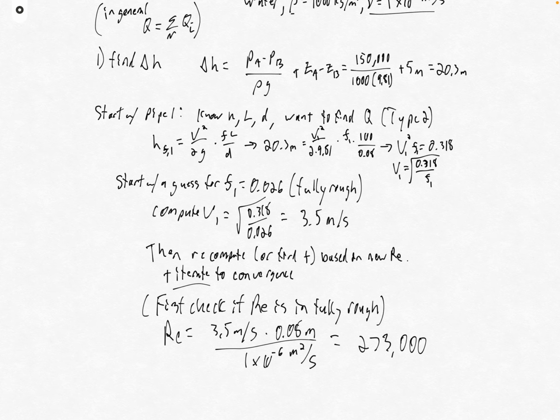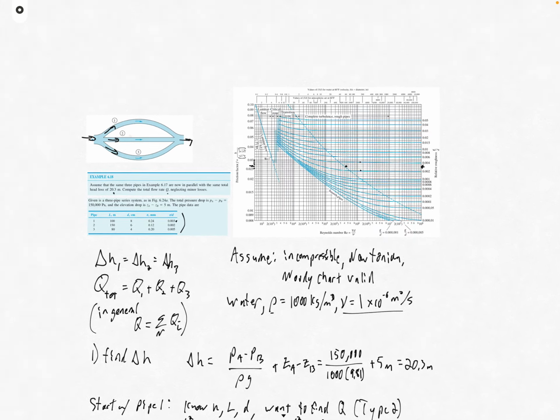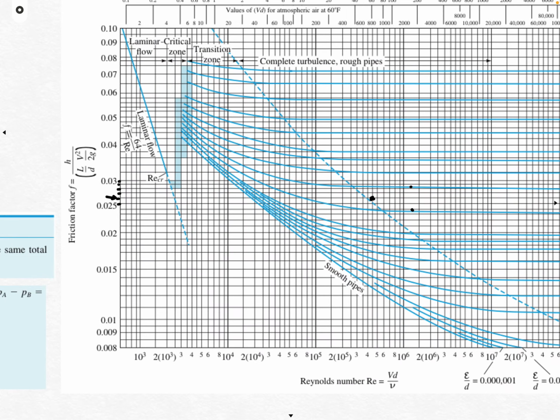And with that Reynolds number, we can then go back up to the chart. So we're going to get about 280,000 with these values that we have here, which is fine. So for 280,000, that's 2.8 times 10 to the 5th.